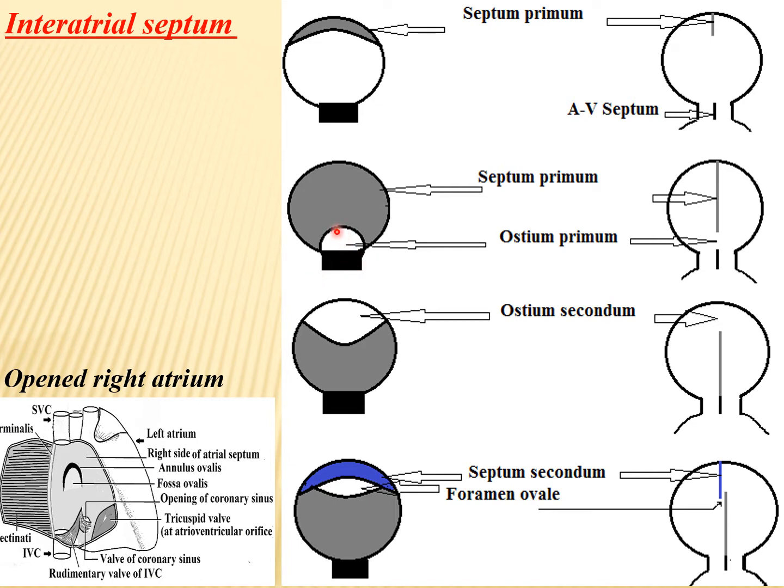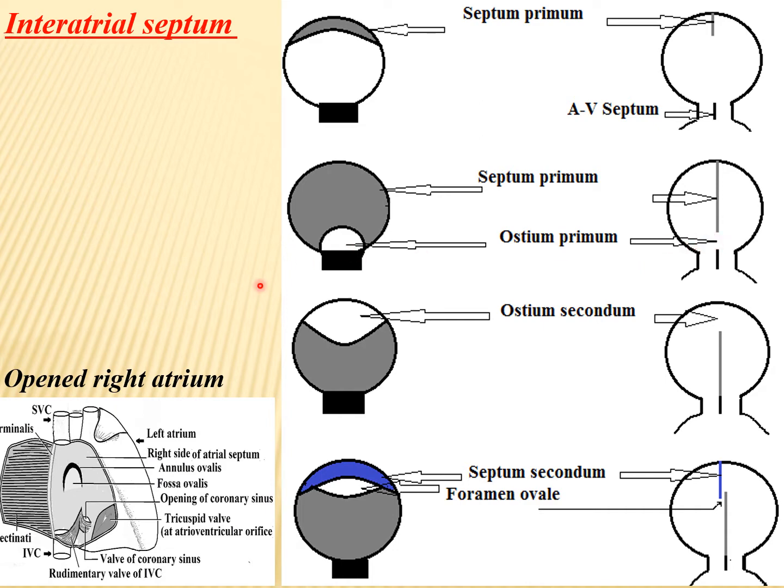So a temporary foramen is formed at the lower end of the septum, and this foramen is called ostium primum.